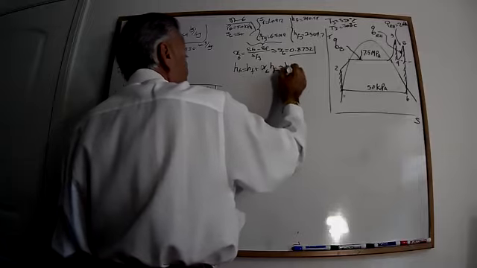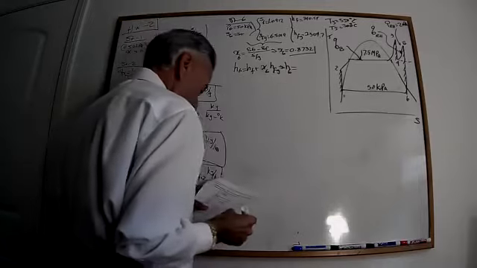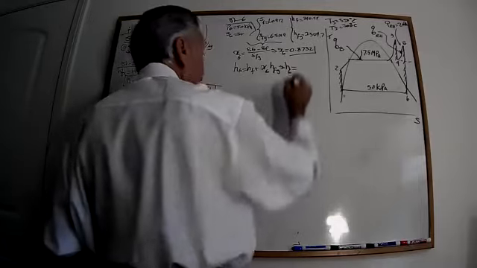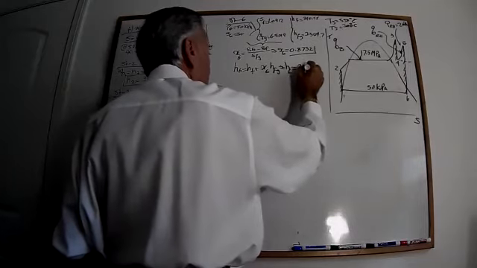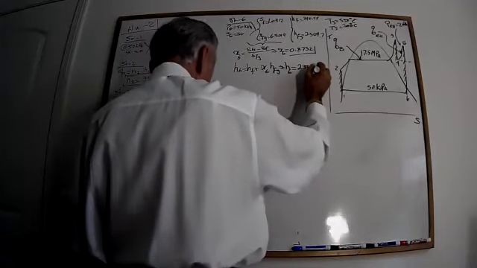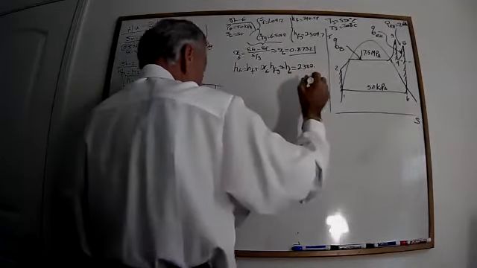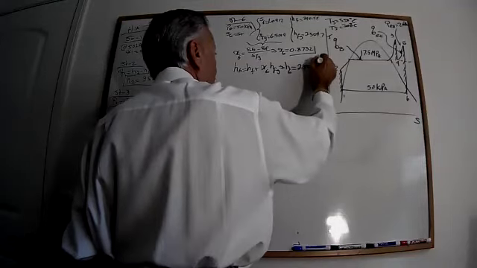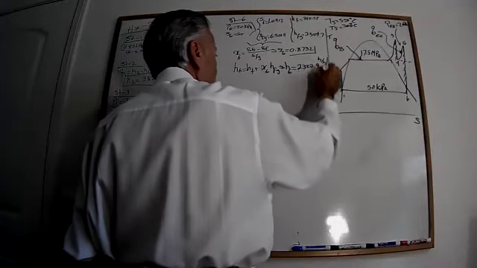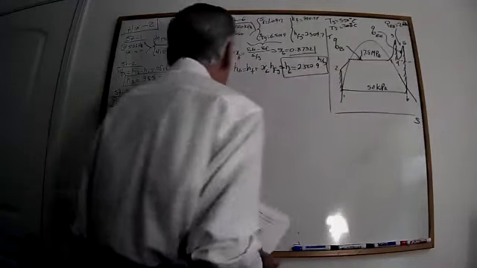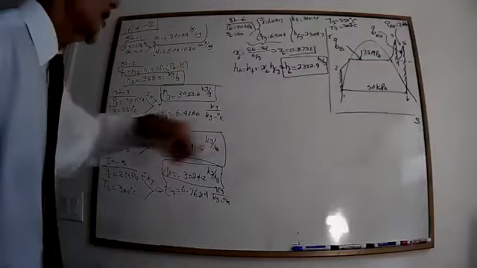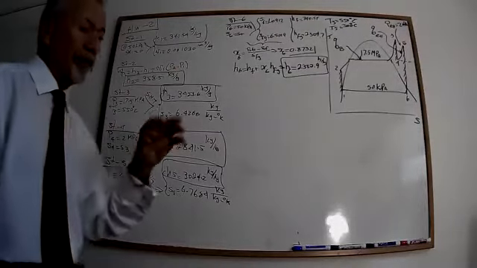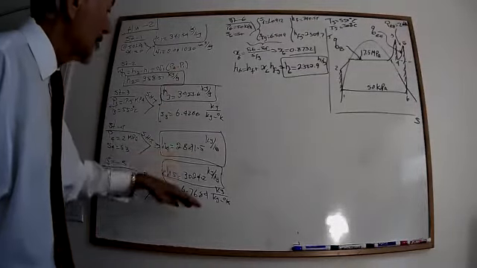That will give us an H6 value of 2352.9 kilojoule per kilogram.